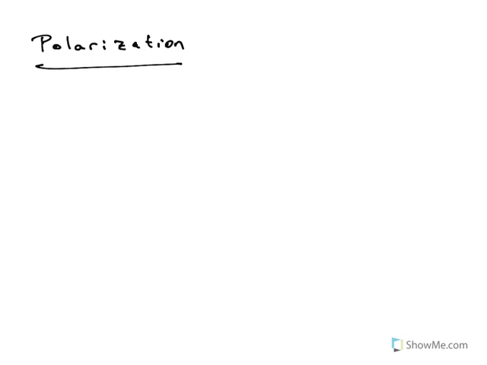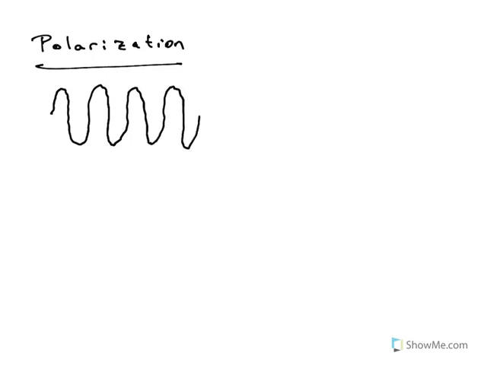So one way I'm going to attempt to show this is I've got the electric field, let's say, is oscillating up and down like this as the light moves to the right.